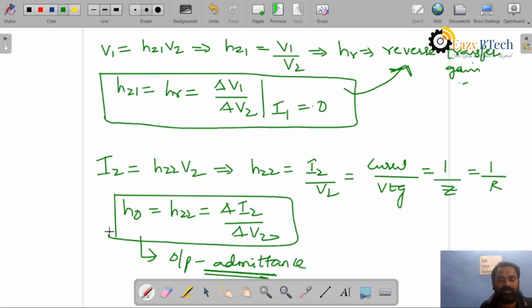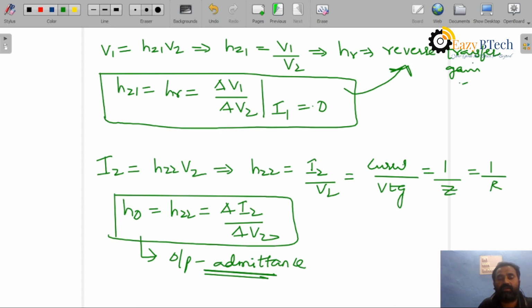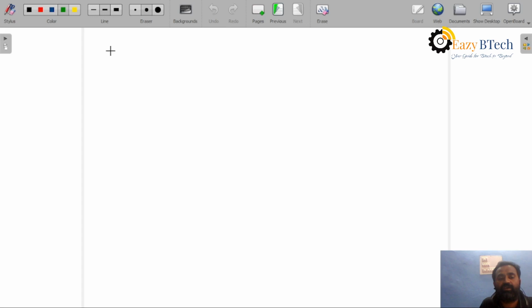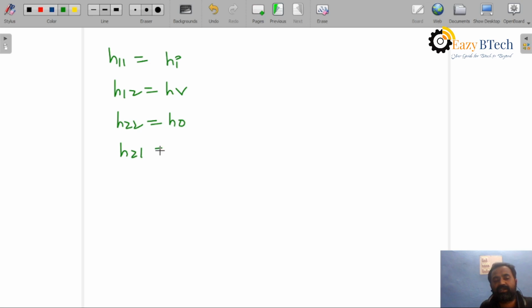Okay, students, from these parameters, what we have? H11 is equal to Hi, H12 is equal to HR, H22 is equal to H0, H21 is equal to HF. Hi is nothing but input impedance.